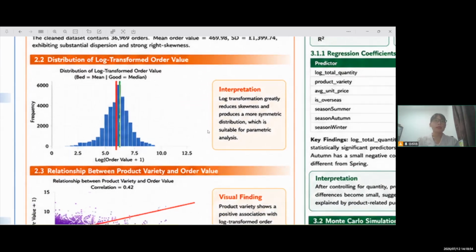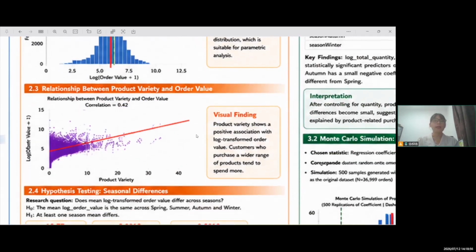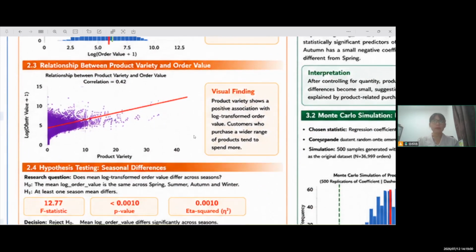Next, we explored the relationship among the variables using different visualizations. The scatter plot shows a positive relationship between product variety and order value, which indicates that customers who purchase a wider variety of products generally spend more.